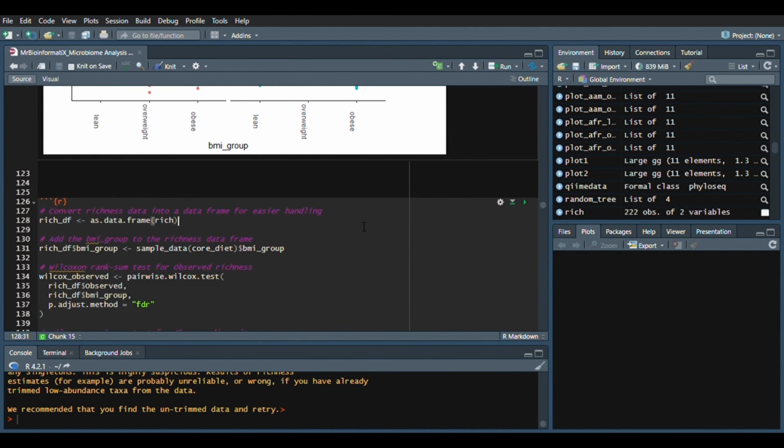So, rich_diff as data frame of rich, we choose the BMI group, and then sample_data, core diet, and then BMI group. Then Wilcoxon rank sum test for observed richness. wilcox_observed equals pairwise.wilcox.test, rich observed, rich_diff BMI group, and p.adjust.method is FDR, or false discovery rate.